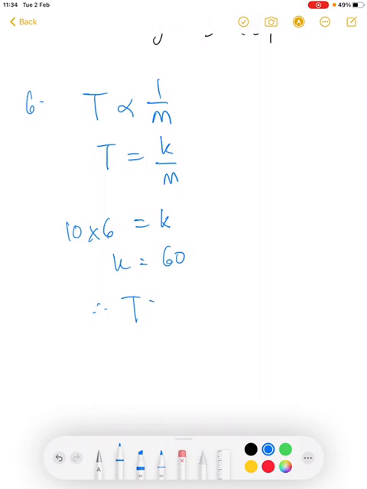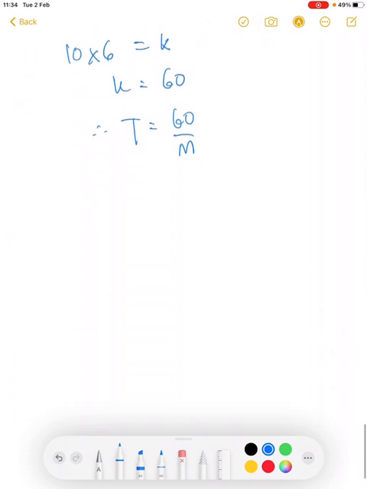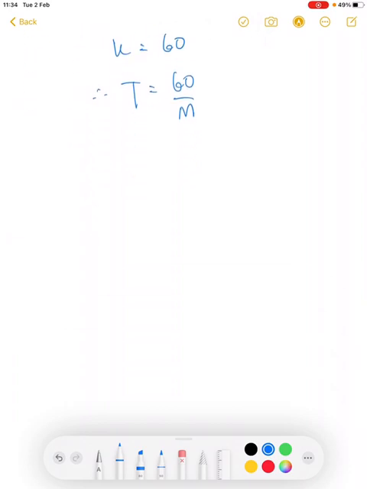Hence t equals 60 over m. When m is 8, t is p, 60 over 8. So p equals 7.5.